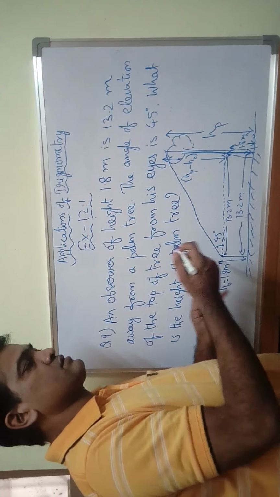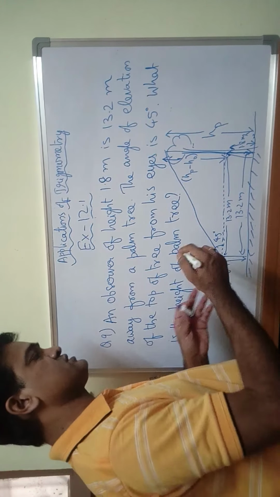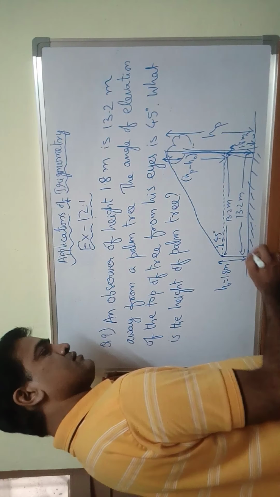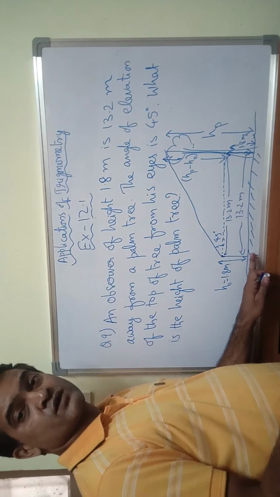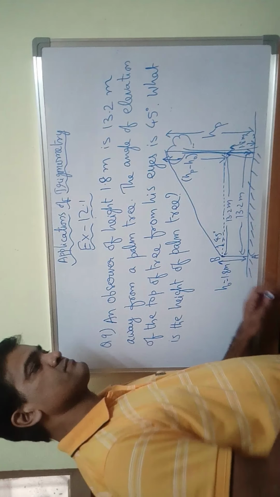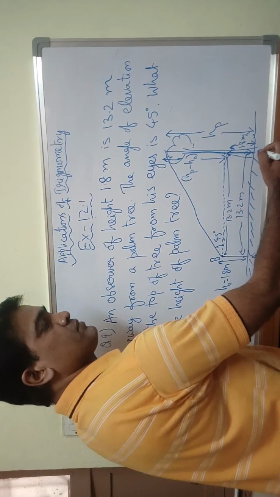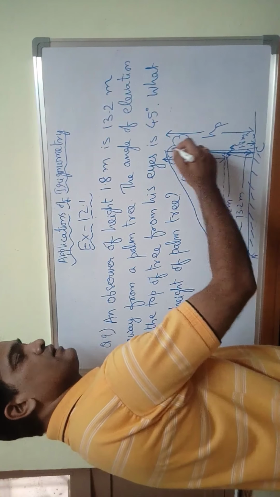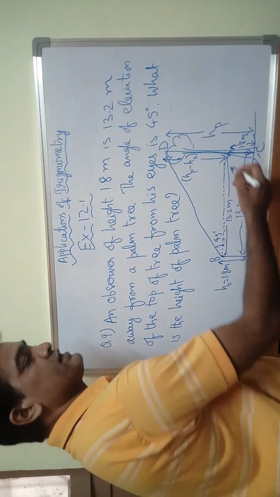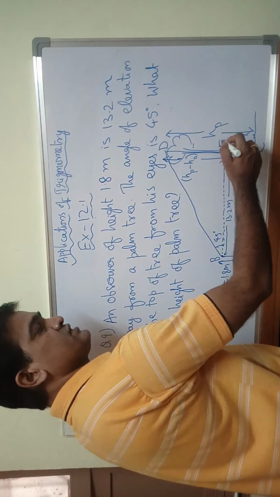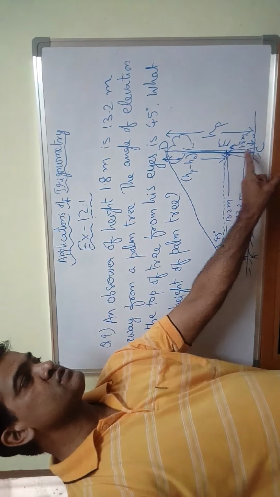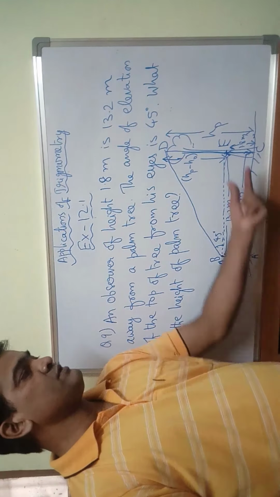Okay, let me put the points so that it is easy to understand. Let me take this A as the foot of the observer, B as the eyes of the observer, and the foot of the palm tree, let me take this as C, and the top of the palm tree I'll take as point D, and here let me locate this point as E. If you look at this diagram, AB is equal to CE, because this forms what?